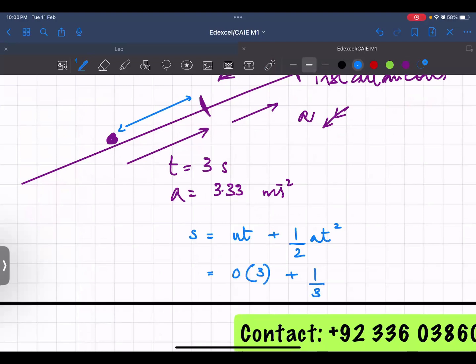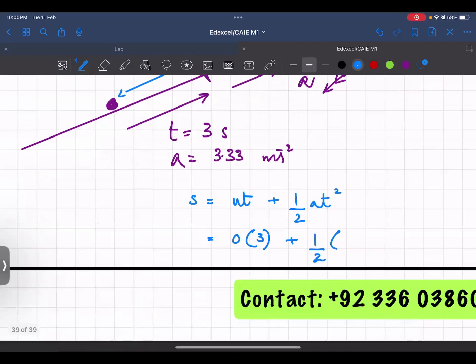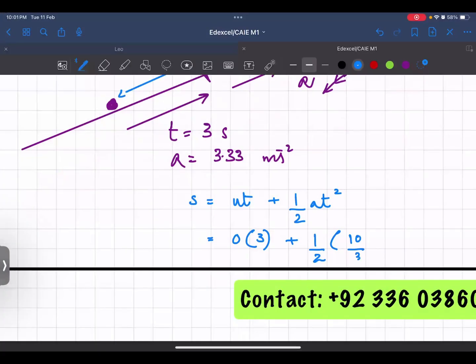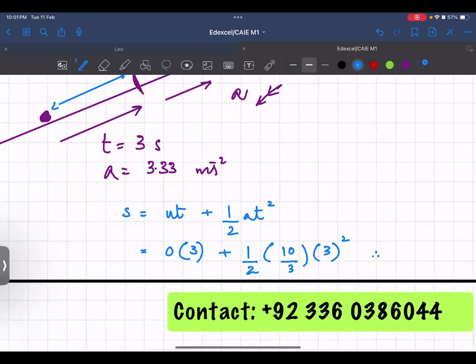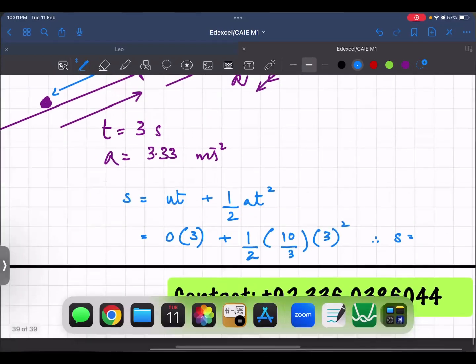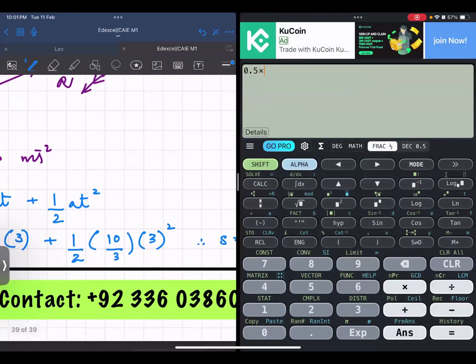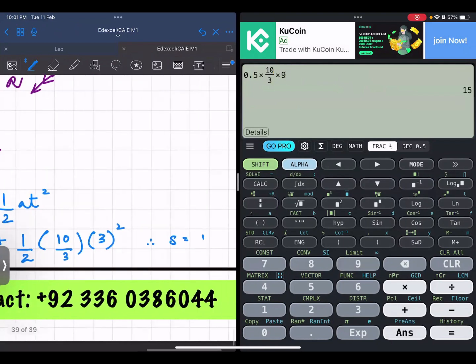Half a, acceleration was how much? 10 over 3. And 3 square. So your displacement for this region comes out as 0.5 times 10 over 3 times 9, which is 15 meters.